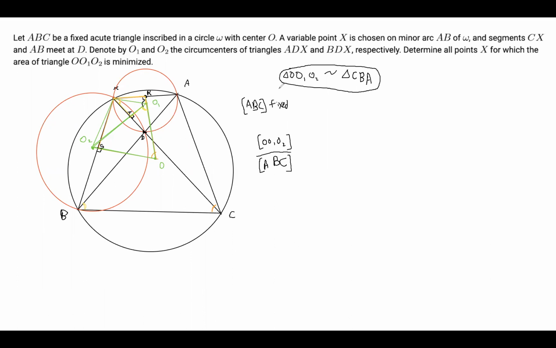But since triangle O0102 and triangle CBA are similar, we can write this as the similarity ratio squared. And since the ratio is O1O2 over BA, so AB, it's this quantity squared. So we just need to minimize this thing.